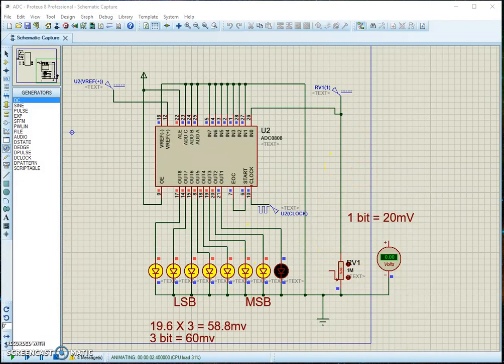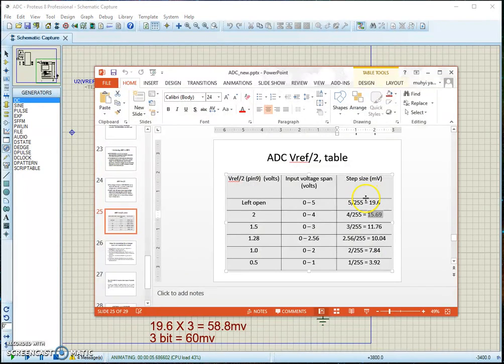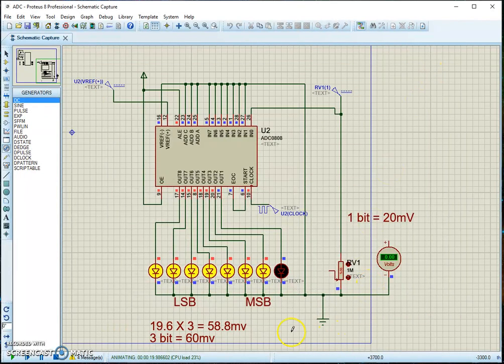If you look at the table given, so for now, if I'm giving VREF 2 volt, I can measure from 0 to 4. So I'm giving now 1 volt. It has 1 volt with a step of 15.7 millivolt. So calculating 15.7 millivolt, right now 1 volt.